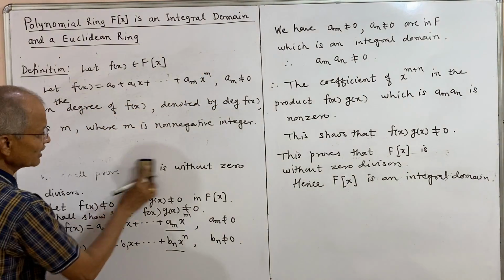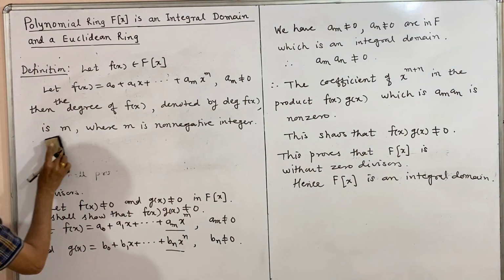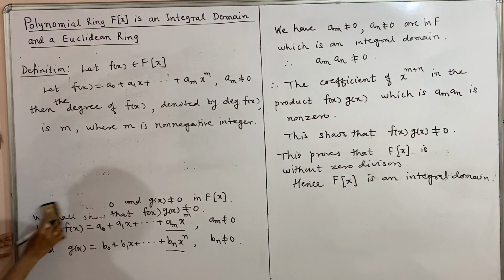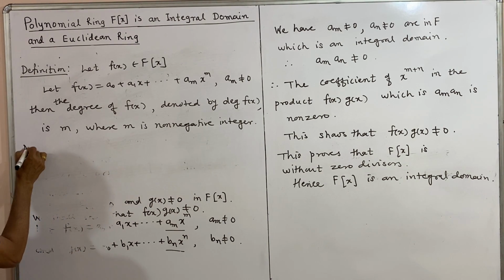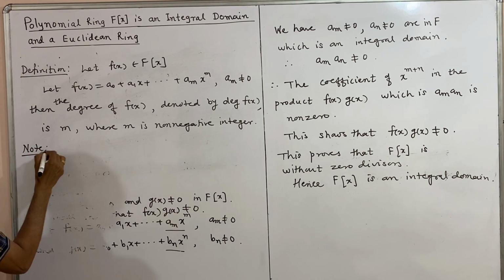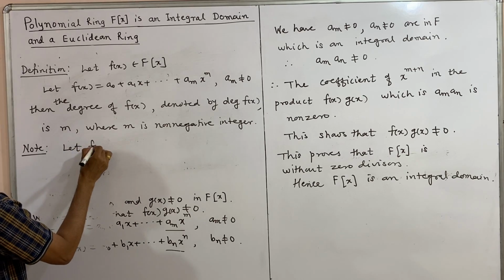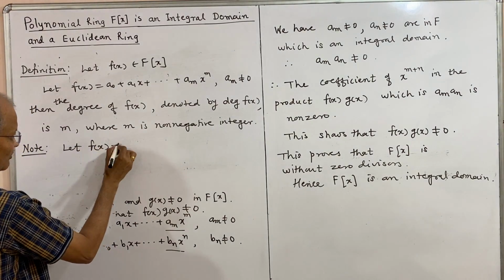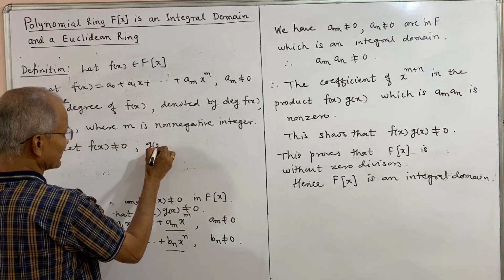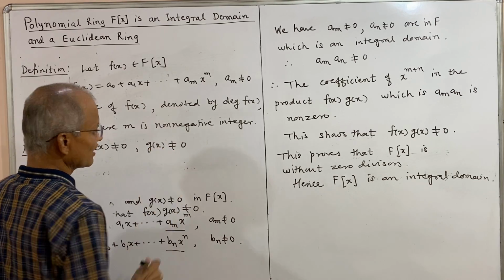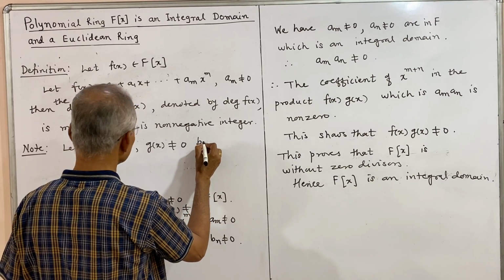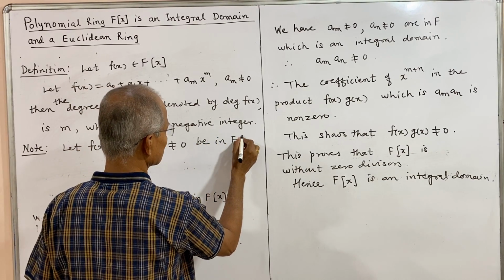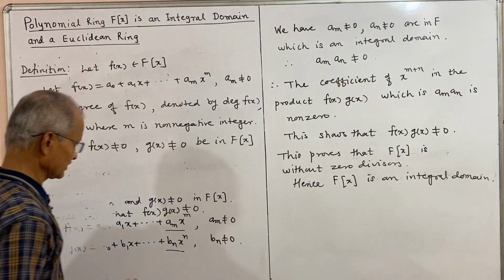And regarding degree, there are two results we shall note, as we have seen here itself. Let f(x) not equal to 0 and g(x) not equal to 0 be in F[x], that is, two polynomials.